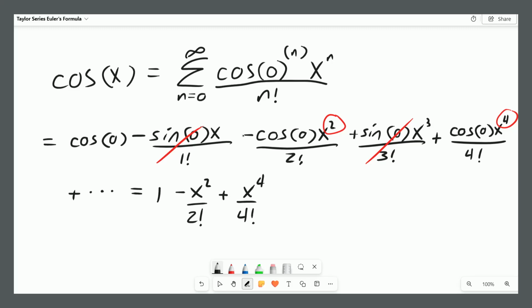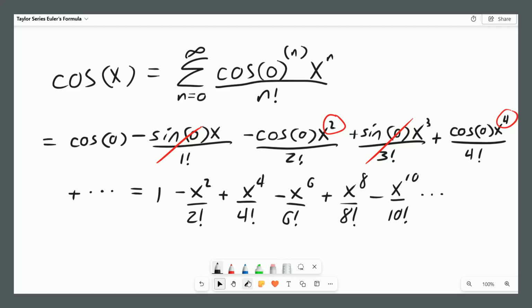And we're just going to have the signs continuously alternating, right? Because the derivative of cosine of x is negative sine of x. So next we're going to have minus x to the power 6 over 6 factorial plus x to the power of 8 over 8 factorial minus x to the power of 10 over 10 factorial, and so on.